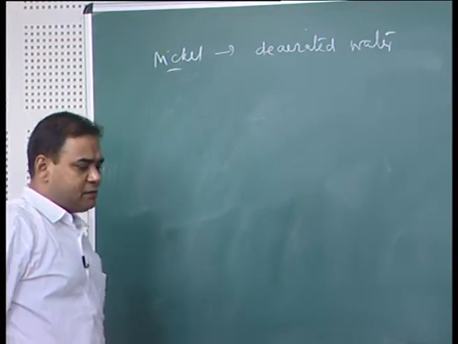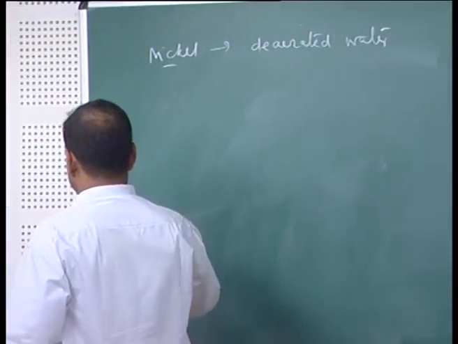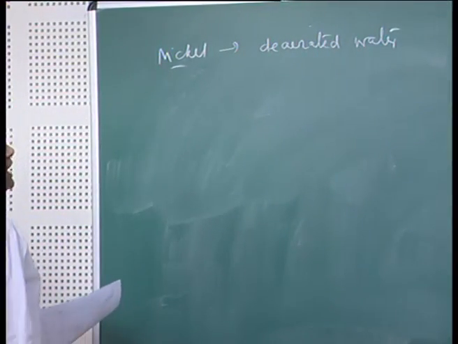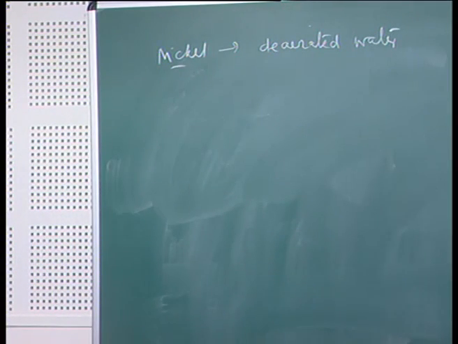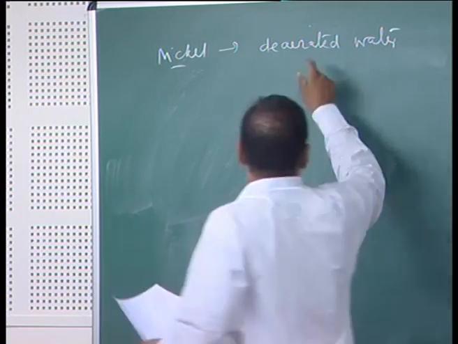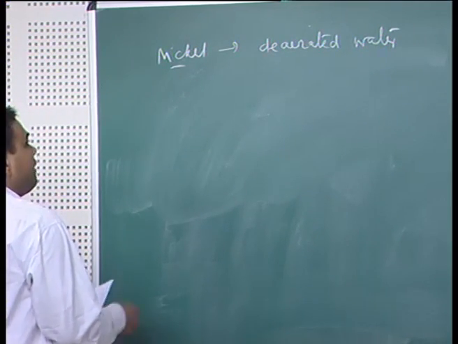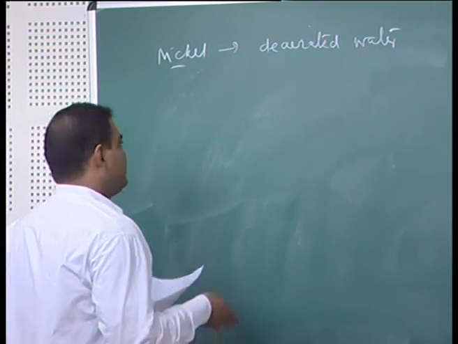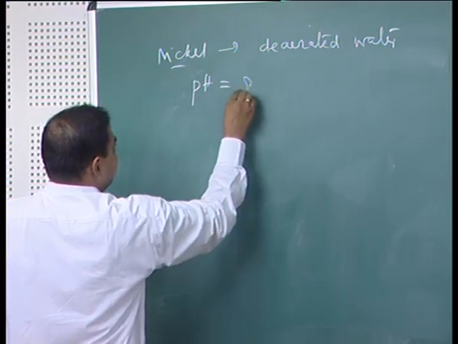I have a nickel plate which is trying to corrode in deaerated water, and deaerated means the dissolved oxygen is absent. Okay. So now if you don't have dissolved oxygen, then you have some reaction, and it says that the pH of the solution is 8.